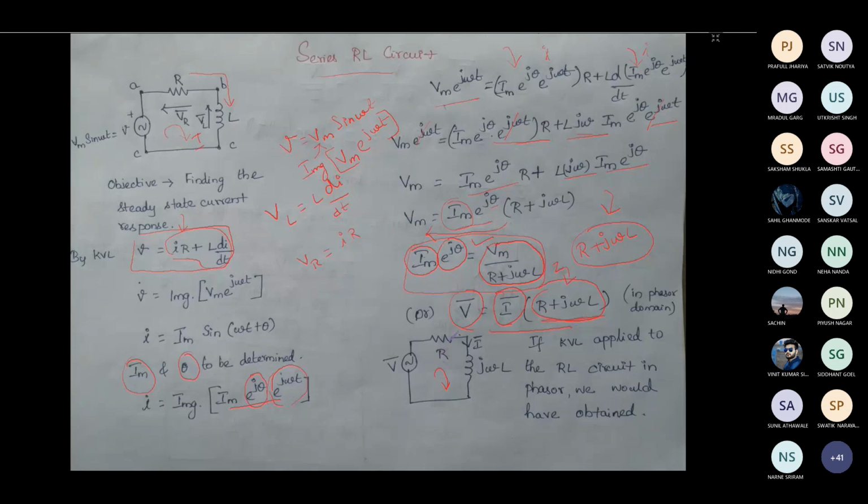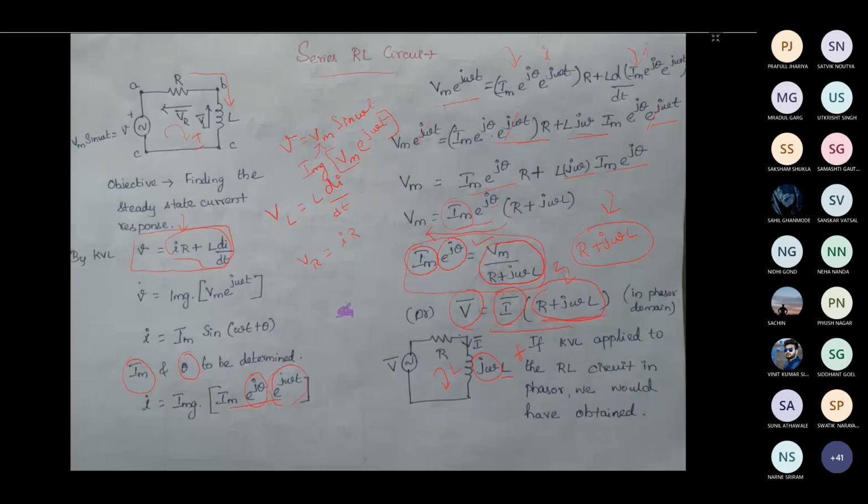So in order to represent that, I have written here: you are having R. Earlier you have written this as L. In the phasor domain, you have to multiply this j omega L with the inductor. This is the frequency domain. Why in the frequency domain you will be having j omega with respect to the inductor, and why you are multiplying it, you will see in the next semester's Networks and Systems subject.